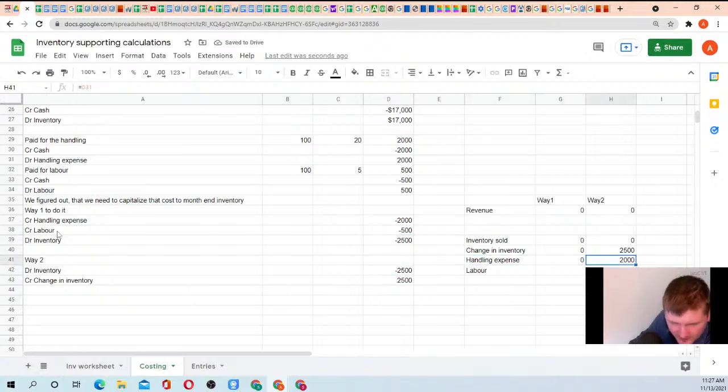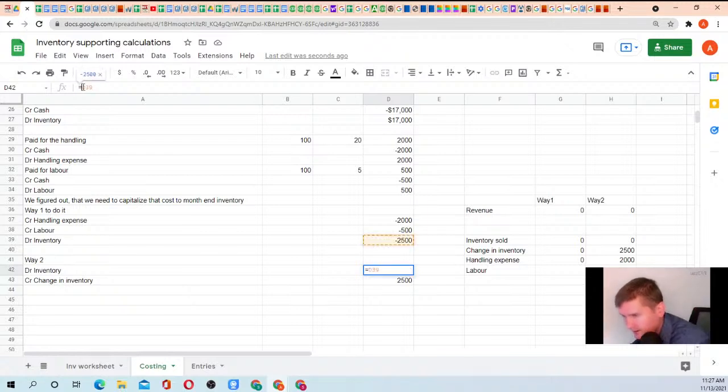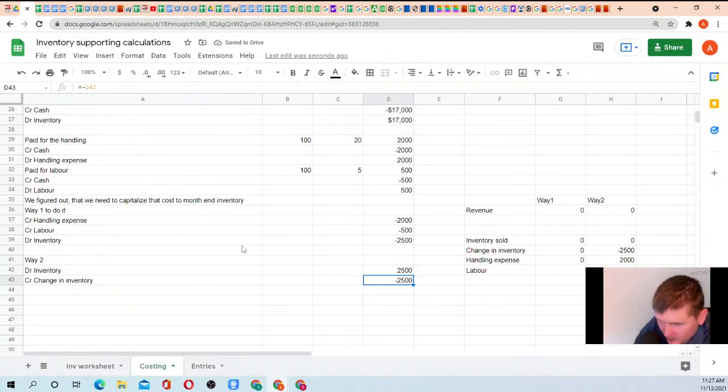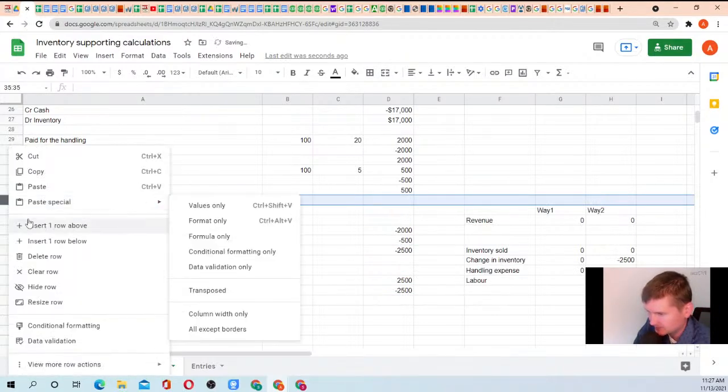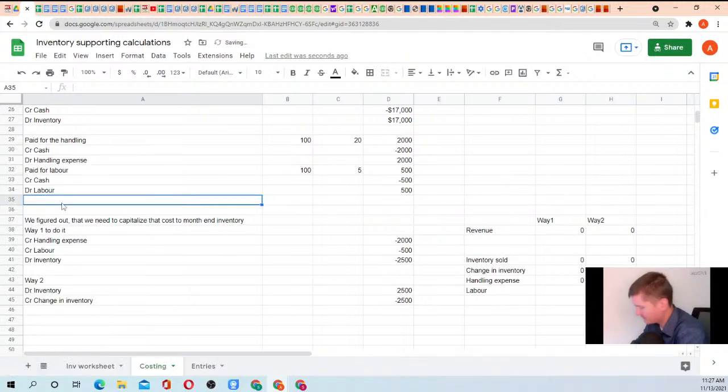Okay. Change in inventory. Okay, I need to change a sign here. Okay, now it works. Okay, paid for labor. Paid for packaging.